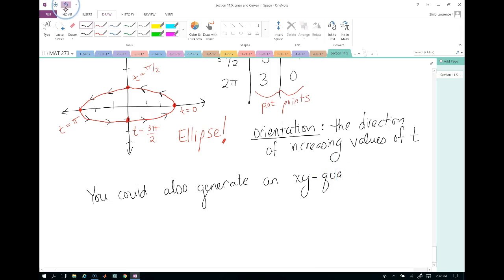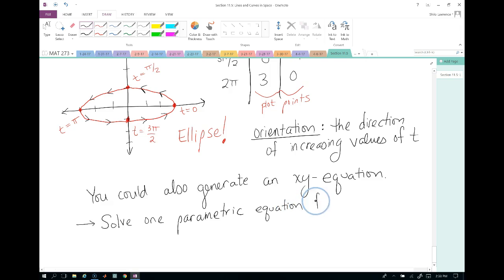For this particular example, we're going to do something special because it's got trigonometry, but I'm going to give you just a general idea of how we do this. You're going to solve one of your parametric equations for t, and then use it to replace the t in the other parametric equation. Then we'll have eliminated the t and we'll have just one equation with x's and y's in it.